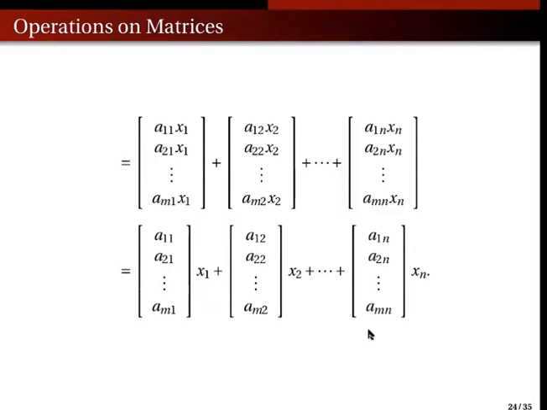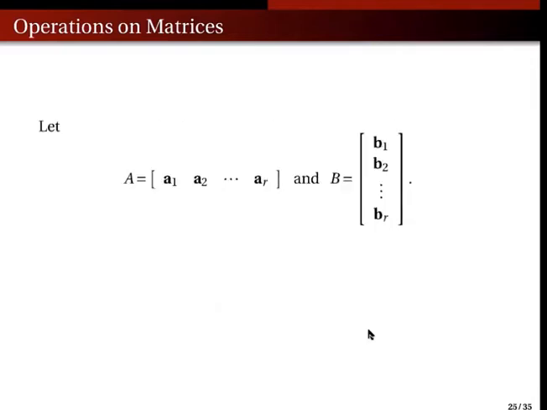Now, let's have some more. For example, you have written A in terms of column vectors. So A1 is a column, A2 is a column, until AR is a column. And then your B is in terms of row vectors: B1 is a row, B2 is a row, BR is a row.